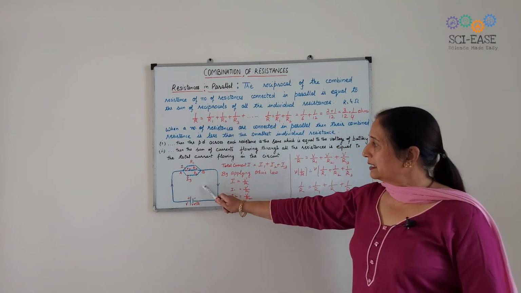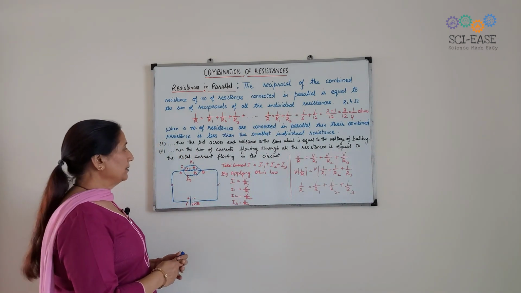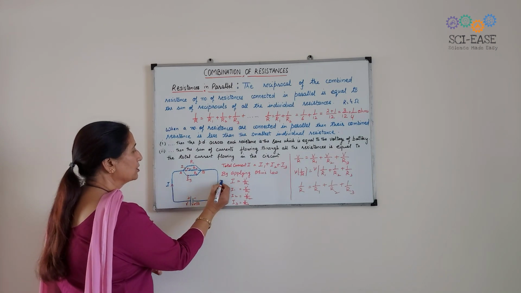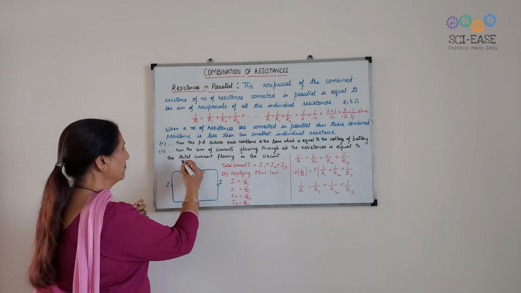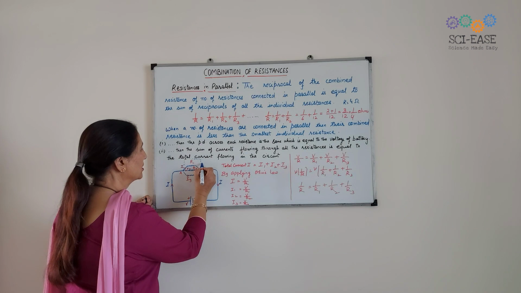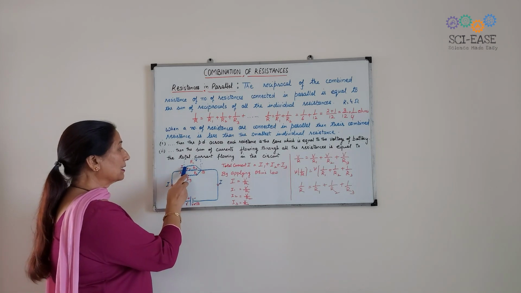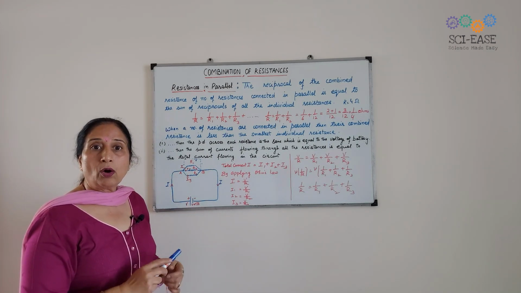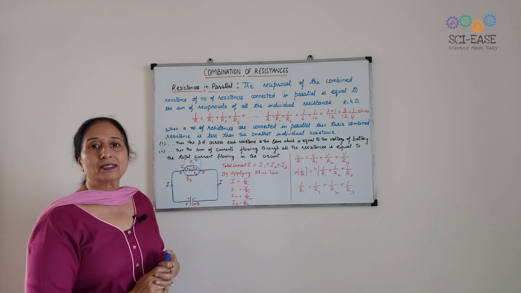So I have drawn this circuit diagram. Here we have taken 3 resistances, R1, R2, R3, and the total current I is flowing through it, and this is the total voltage V. Now I1 is the current flowing through resistance R1, I2 is flowing through the resistor R2, and I3 is flowing through the resistance R3.